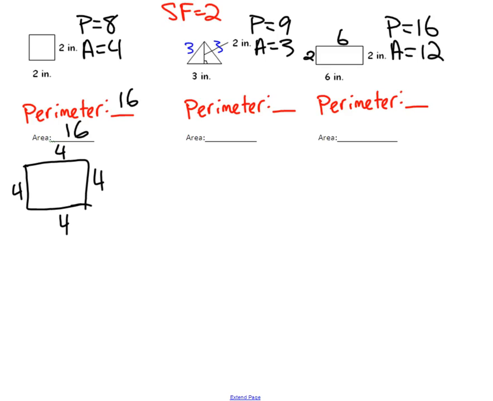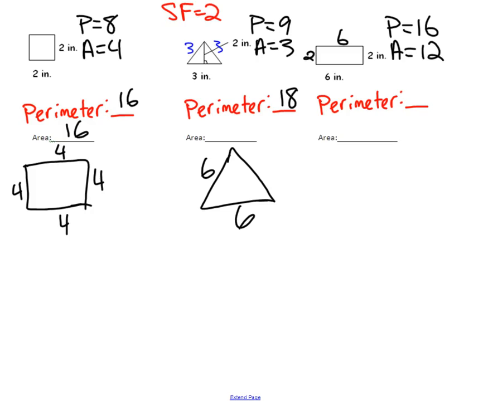Okay, how about the perimeter of our triangle? That again would double. And if you don't believe it, you can draw it out. If you double all the lengths, you'd get 6 and 6 and another 6 on the third side, which is a total of 18. If you want to.